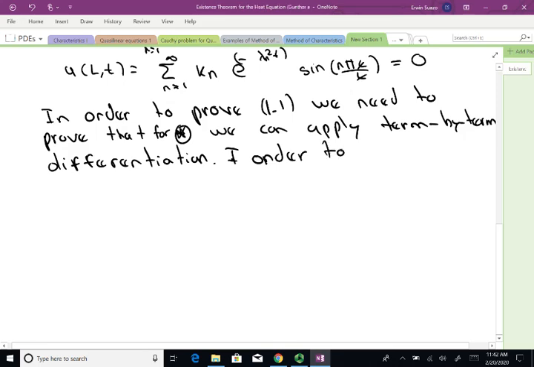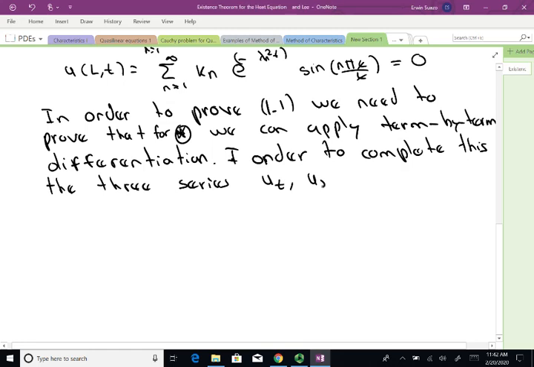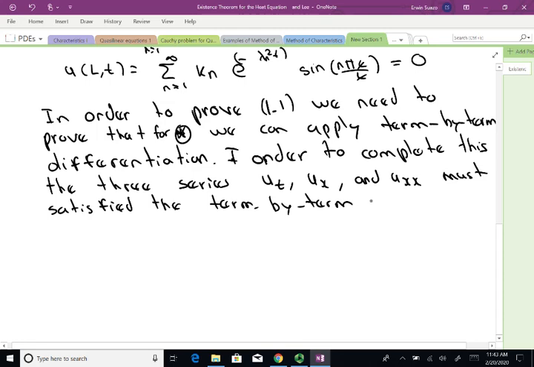In order to complete this, the three series u_t, u_x and u_xx must satisfy the term by term differentiation.